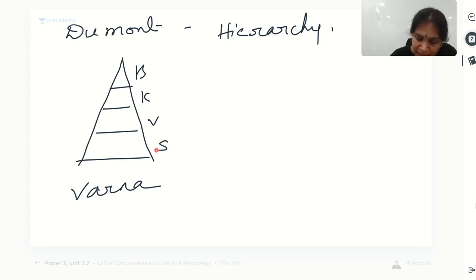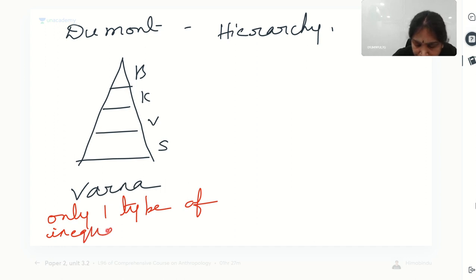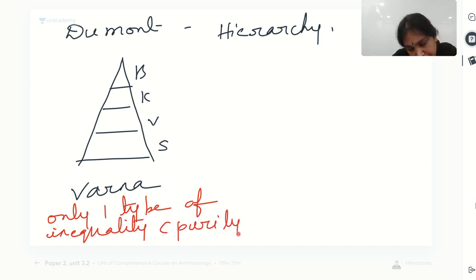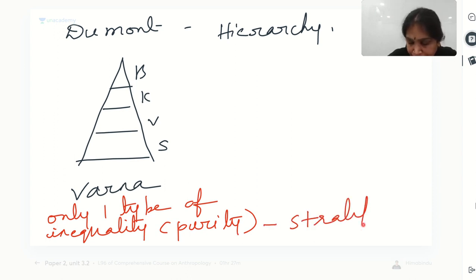So here it is only one type of inequality. That is purity, isn't it? Only based on purity, right? Agreed? Okay, so he calls this stratification. He calls Varna stratification.